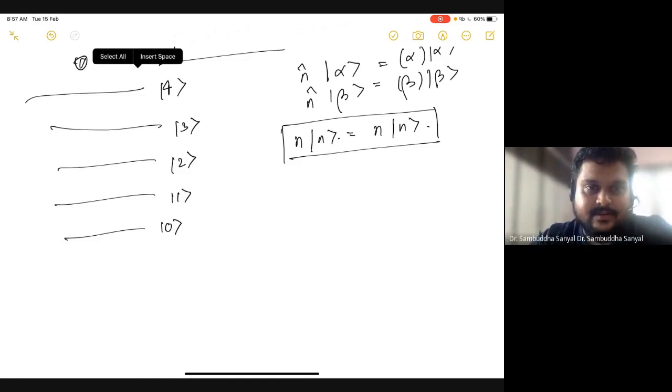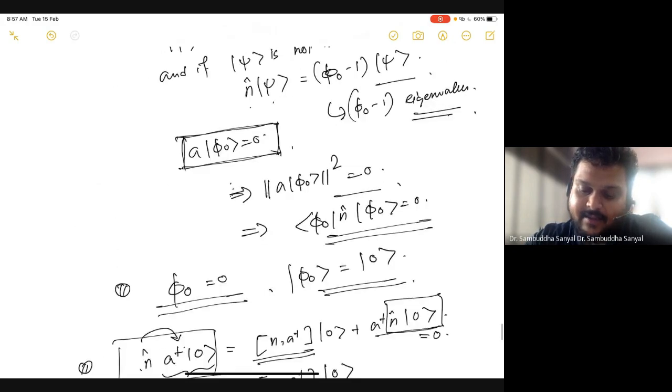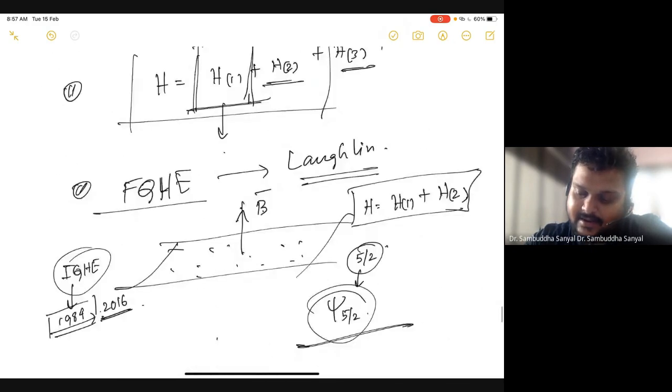I am setting this up inspired by the harmonic oscillator analogy, where the ladder operators have the property of taking you between the number states. Now I will use this property for our purpose.